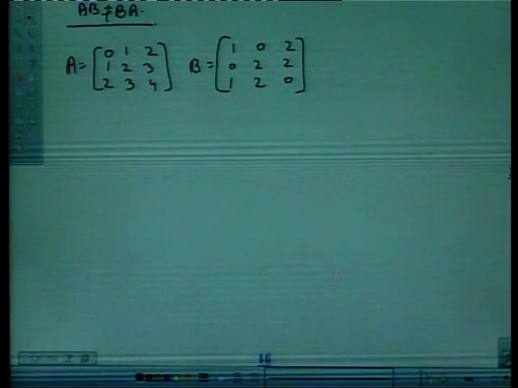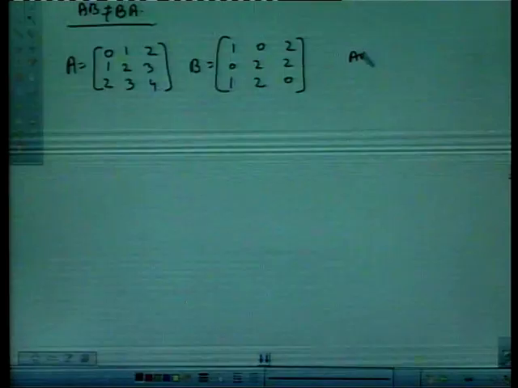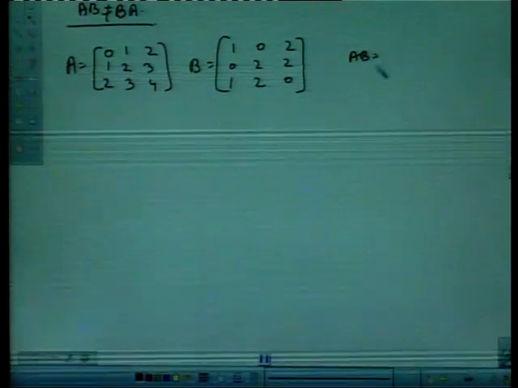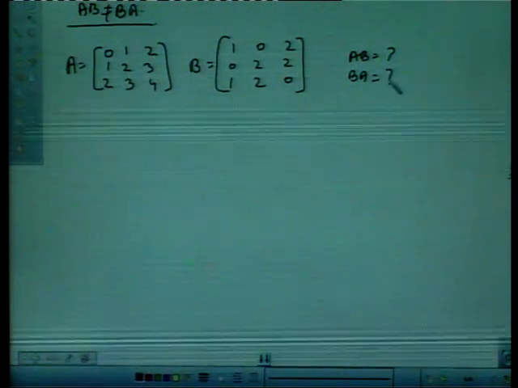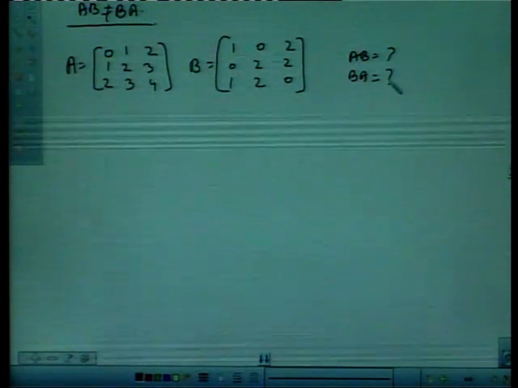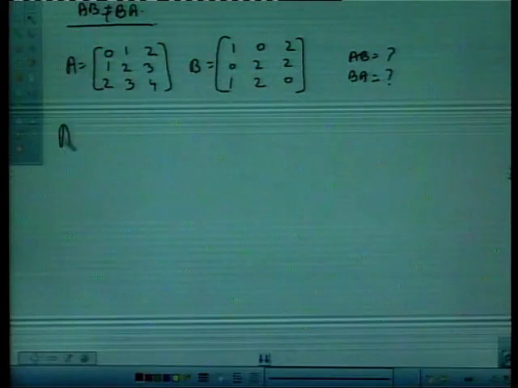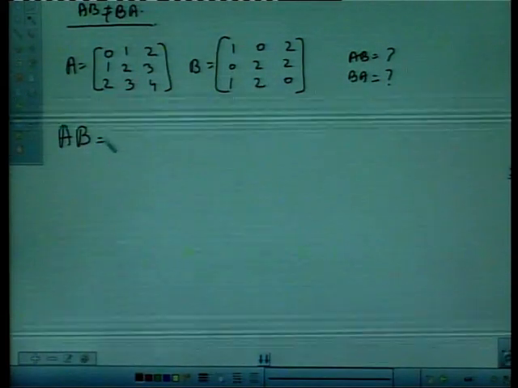The question is to find the product AB and BA. Now first of all we multiply AB.